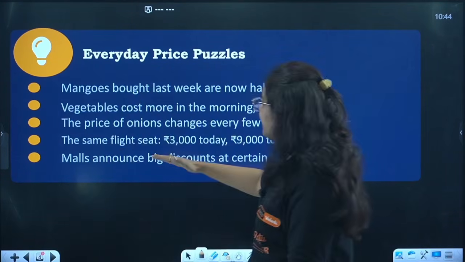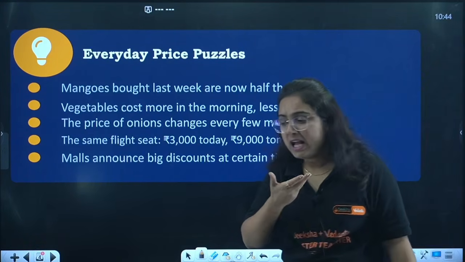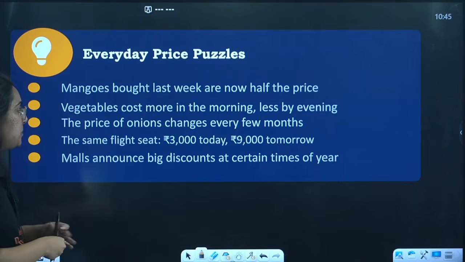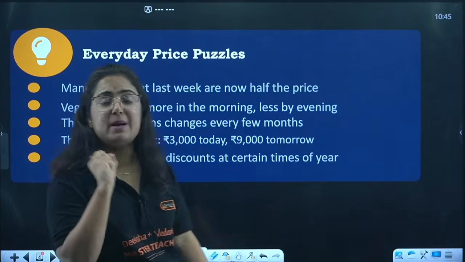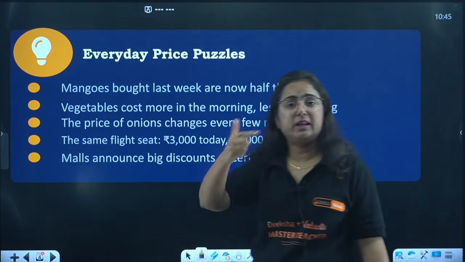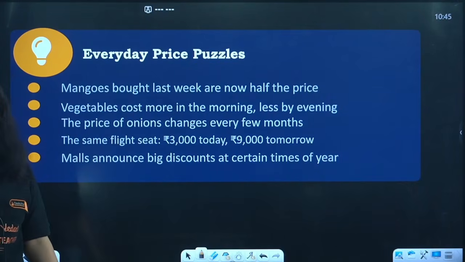Okay, the next is that the price of onions changes every few months, and that is something we actually see, right? Sometimes the prices are so high, sometimes so low. It actually depends upon the cropping pattern, the irrigation, and natural things also. Like if there is a flood, then the onions get destroyed.